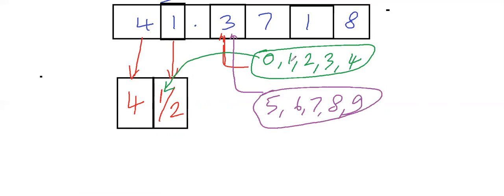Okay, not numbers, I should actually call them digits. Then what number should come here? Here 2 should come. Here what is there? 3 is there. So what will be my answer? My answer will be 41. This will be my answer. I think you understood this now, right? Yes. Okay, fine.